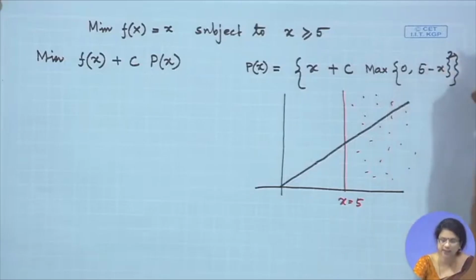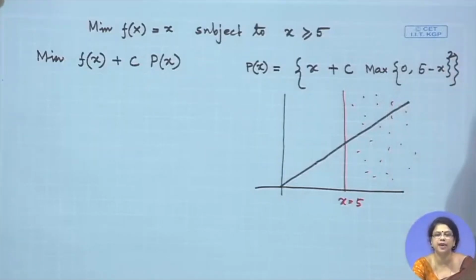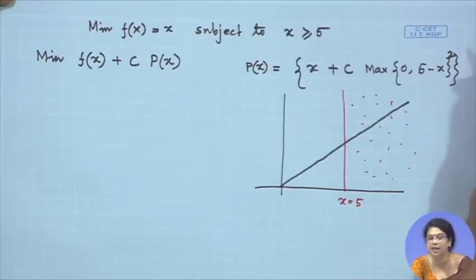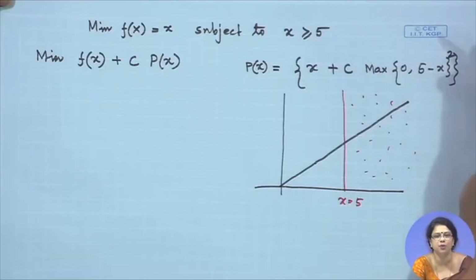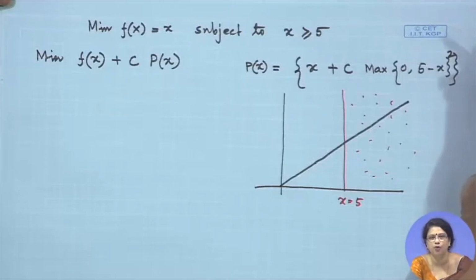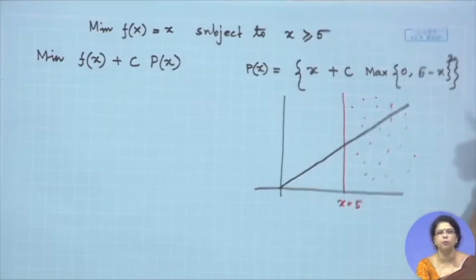If I consider the square, that means we are incurring more penalty for it. That is why we are incurring a high cost for the situation where I am out of the feasible space than in the previous situation. I can make this power square or 4 according to the need, how much penalty I really want to consider.